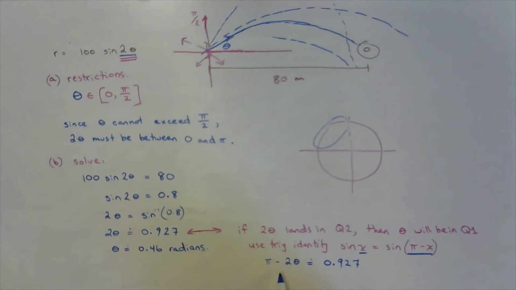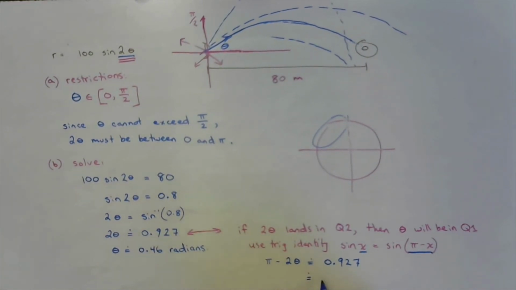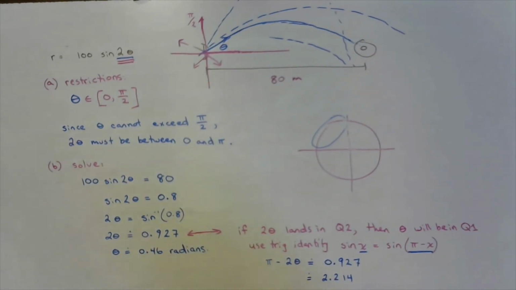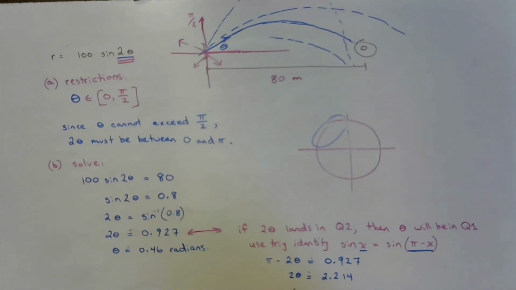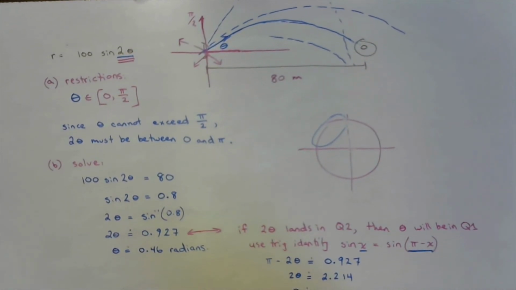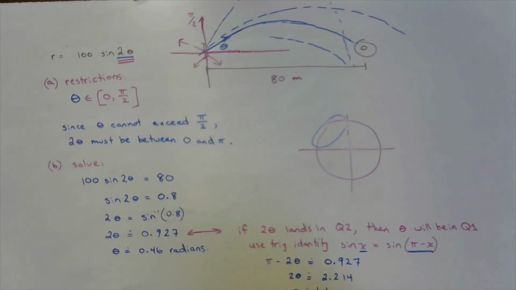So now we can subtract pi from both sides, or we can find out exactly what 2 theta is in this case. And we end up with 2 times theta is also equal approximately to 2.214. We can divide that by 2, and we end up with theta is approximately 1.11.